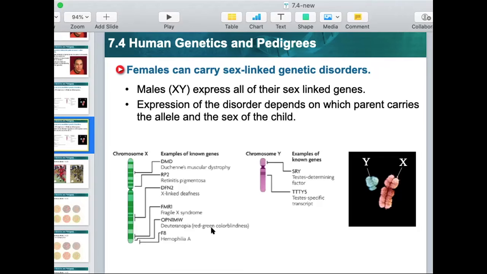So there's genes for deafness as well. This chromosome controls a lot of different traits in the body. It's a lot larger because of that than the Y chromosome. The Y chromosome really only just gives you male characteristics. So we have these down.